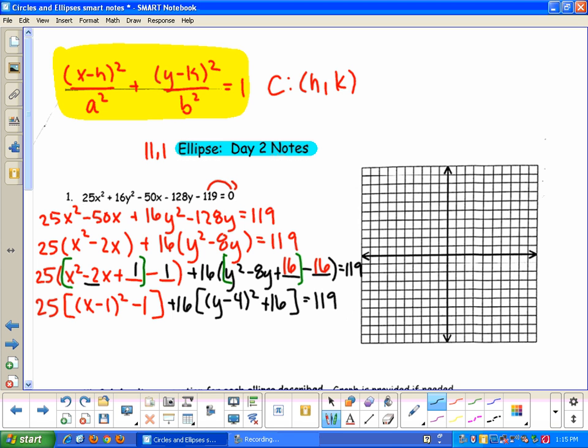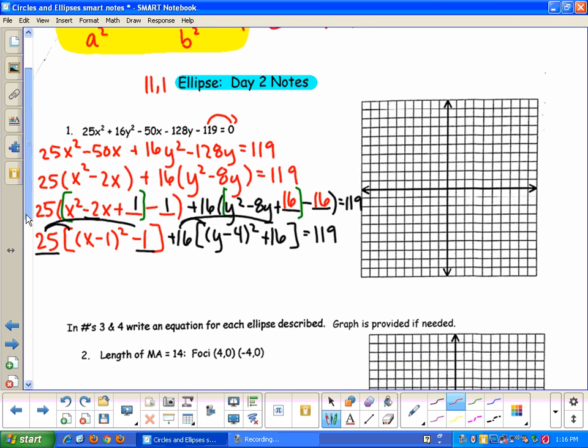Now, I'm still not in the form because I want to get those constants to the other side. However, I can't do that yet because the first thing I want to do is notice that this 25 is being multiplied here. So I need to distribute this 25 in first, and over here I'm going to distribute the 16. So when I do that, I get 25 times x minus 1 squared minus 25.